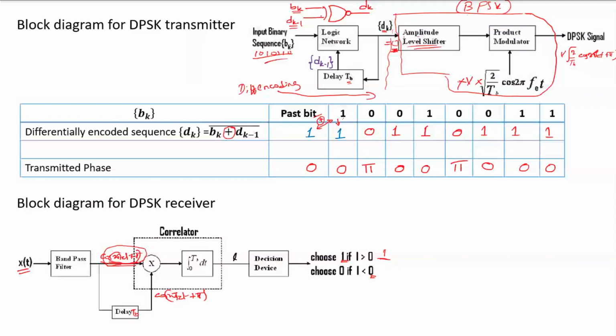So we are again not going through the analysis for probability of error in the case of differential phase shift keying. Probability of error in this case is half e to the power minus Eb by N naught. Let us just recap what we have studied in different modulation schemes.